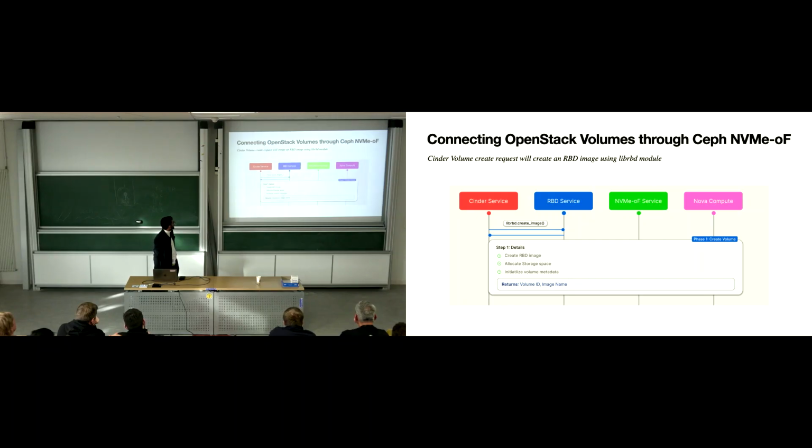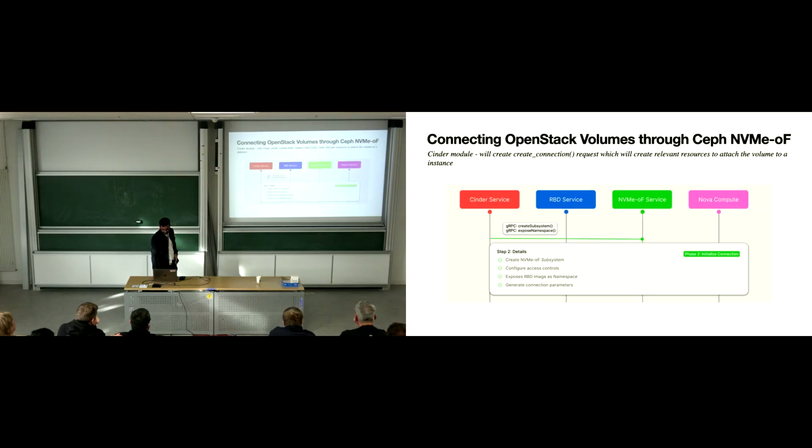First is the volume creation request, in which the normal Cinder service you have for RBD will create an RBD image and provide you the details. Second is the gRPC connection that I initially mentioned in the diagram, which is used to configure the NVMe subsystem and all of those resources.